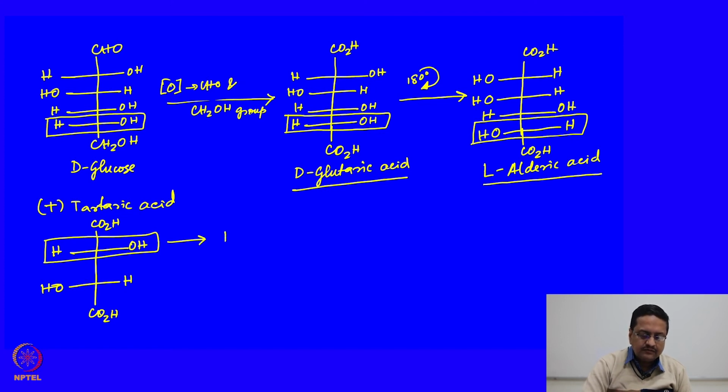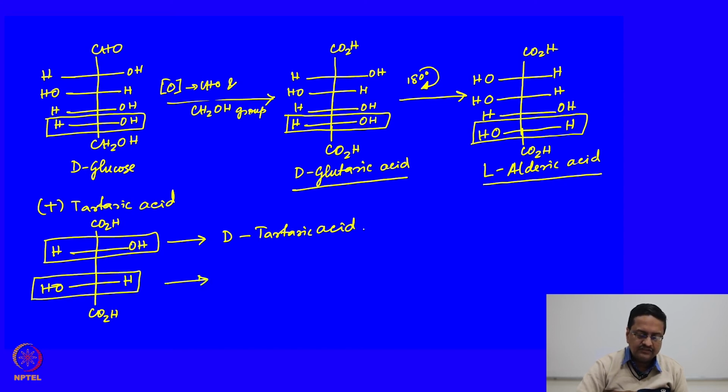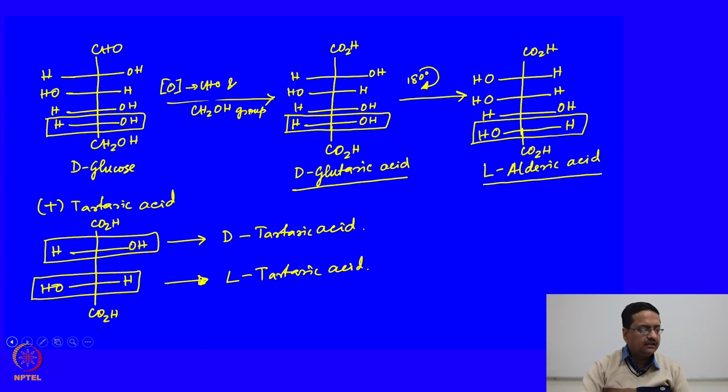So, this should be termed as D-tartaric acid. If we assume that this was formed from a compound like glyceric acid, we should consider this as we do it in carbohydrate chemistry. This compound then will get named as L-tartaric acid. Therefore, we get ambiguity in identifying the correct compounds.